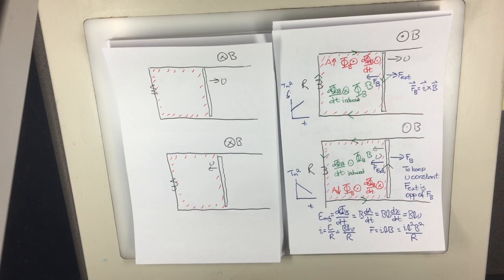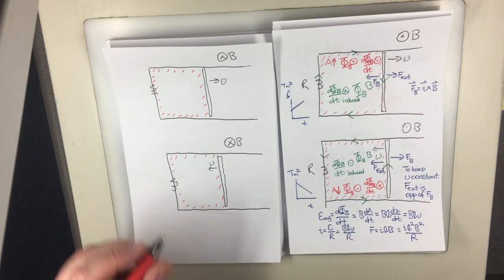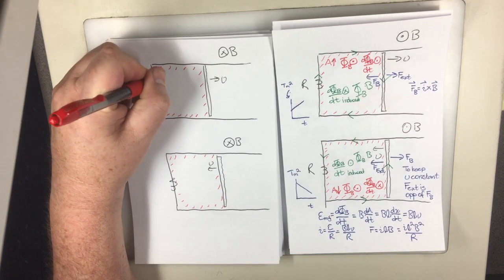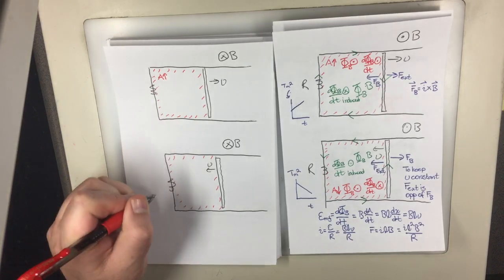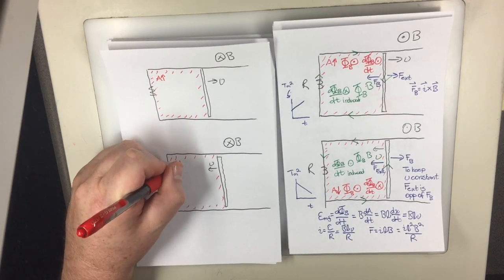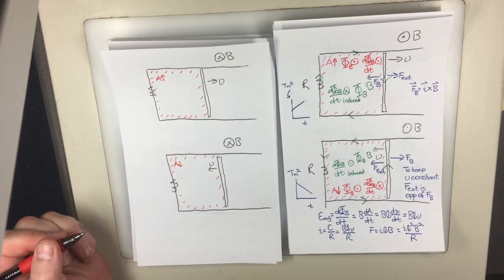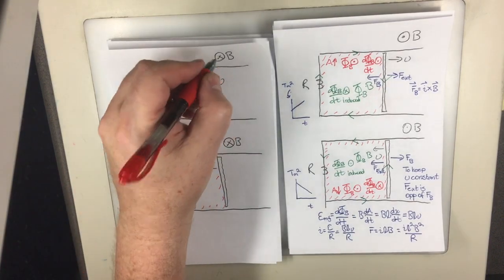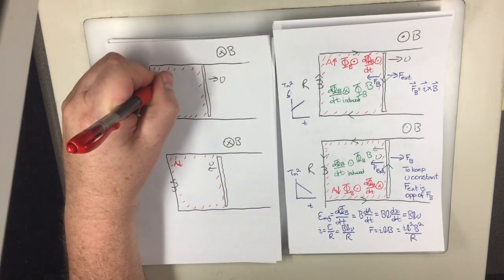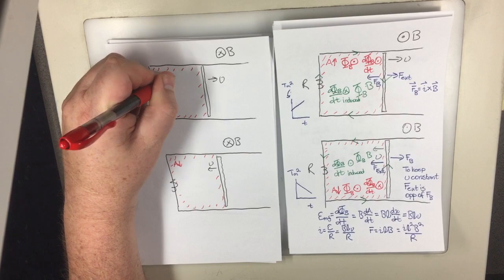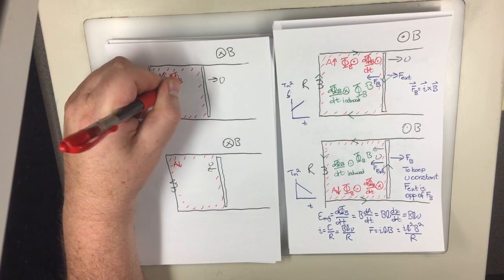The magnetic flux is always in the direction of, well, first let's do this. Area increases, here area decreases.